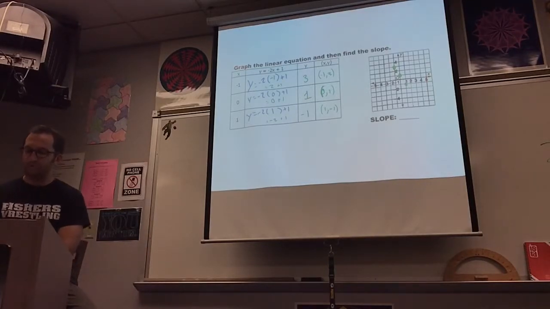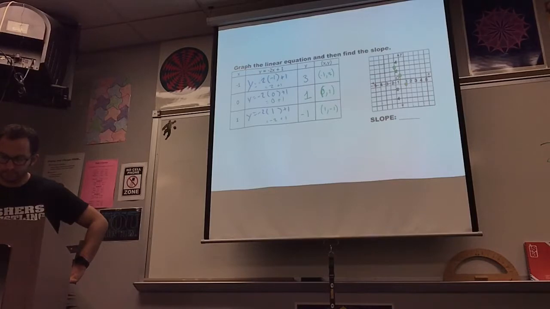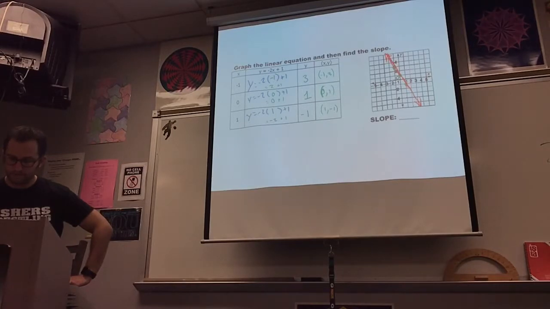We graph the line, you use a straight edge. I can't because I'm using my tablet. Remember, the line goes all the way through. There, now you can see a little bit better.